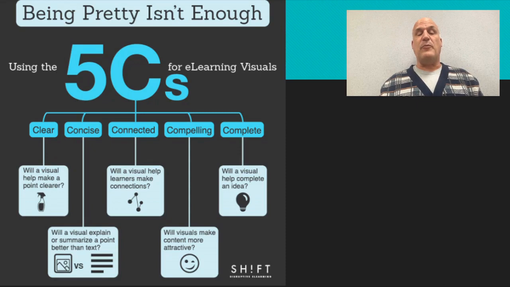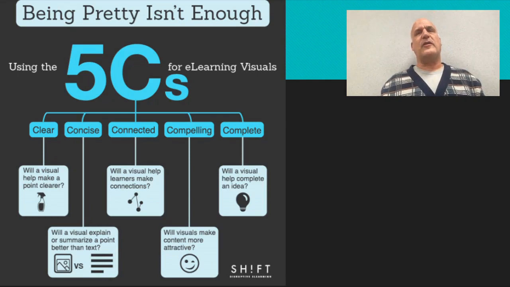Compelling. When people look at things, they want to find things that are eye-catching, that are visually pleasing to them. Does it make them think? I mean, visuals that make people think are wonderful. It's getting more than 1,000 words. And then lastly, the fifth C is complete. And so the ultimate question you have to ask is, do you need a visual?